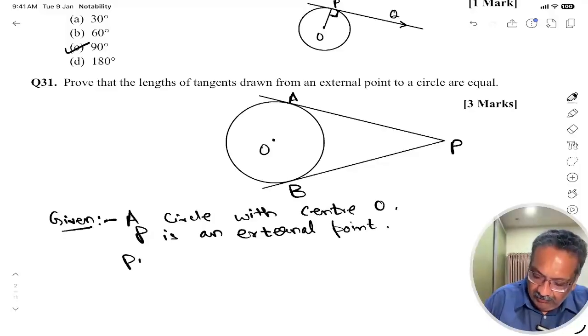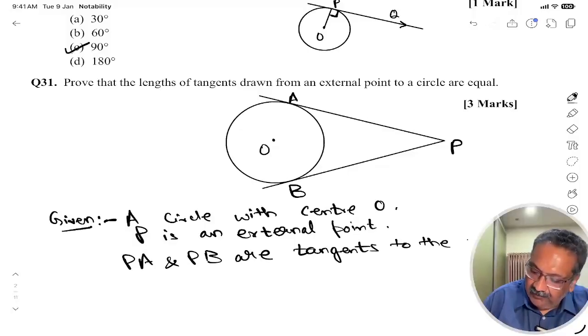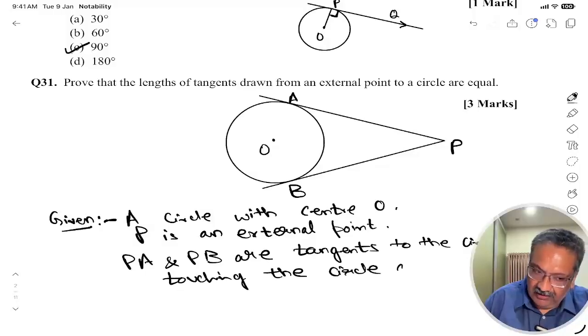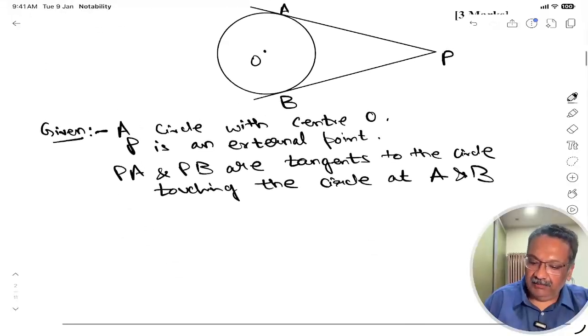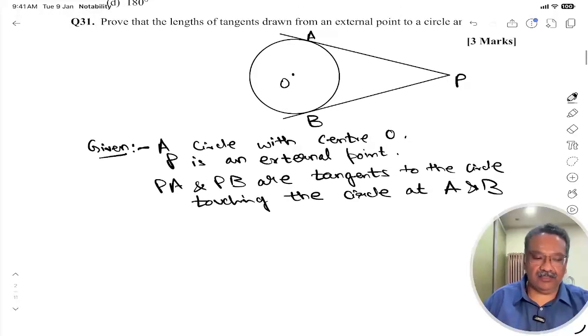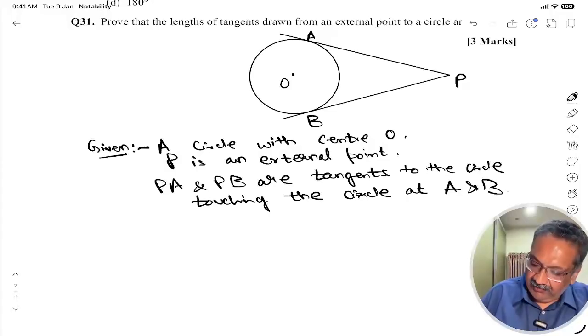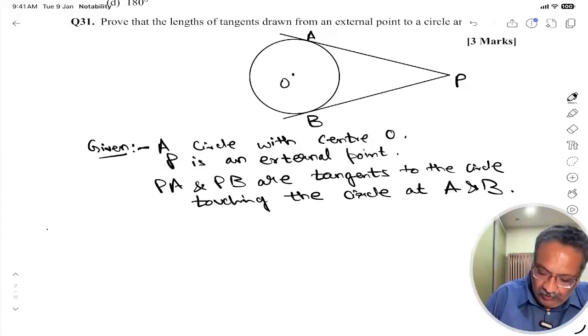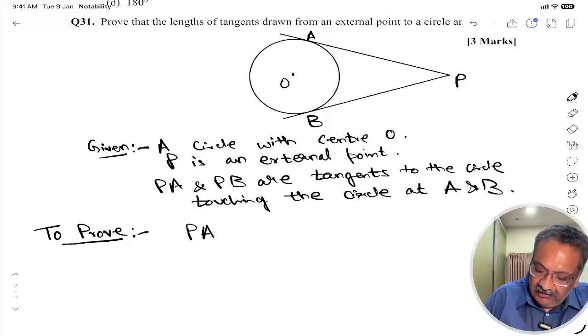PA and PB are tangents to the circle touching the circle at A and B. Okay, PA and PB are tangents which touch the circle at 2 points. Now what we have to prove? We have to prove that the length of the tangent PA is equal to the length of the tangent PB.